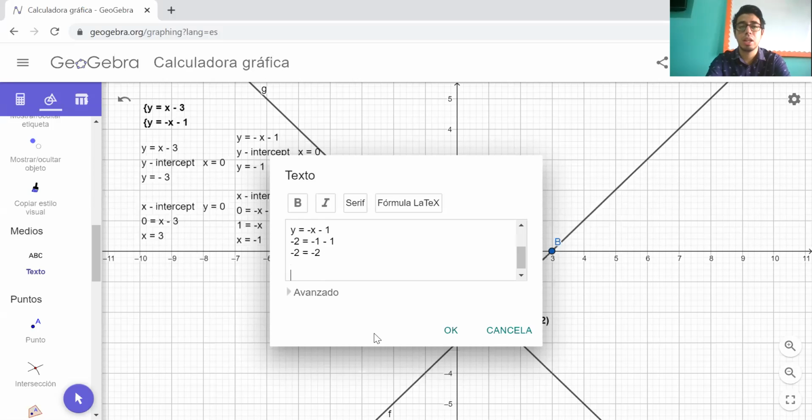And what we say in this part, the ordered pair, we copy the ordered pair, 1, -2, is a solution for the system of equations.